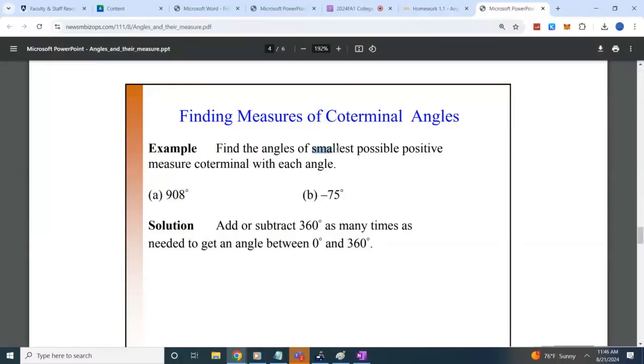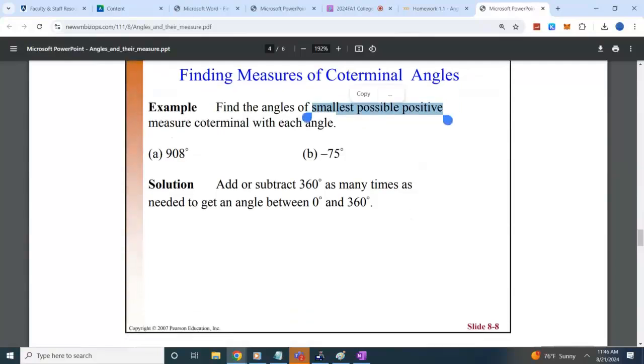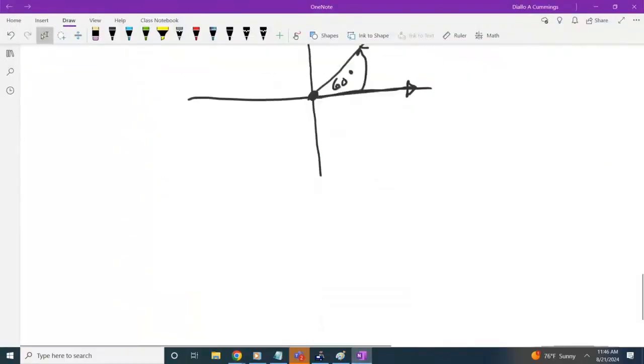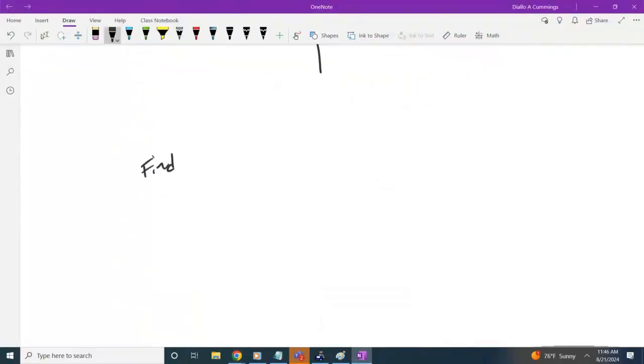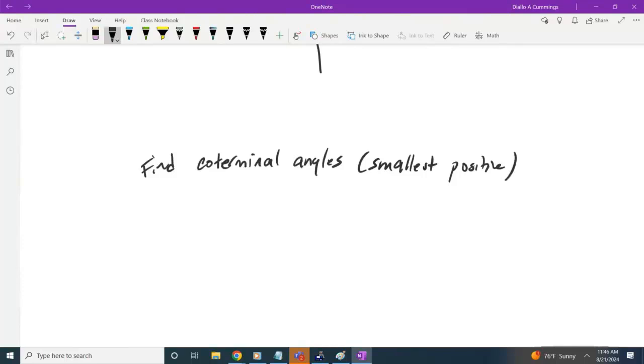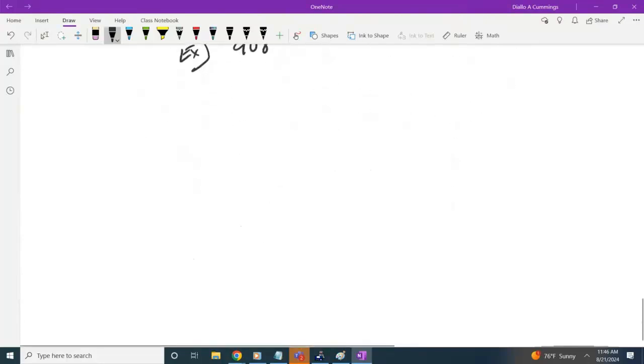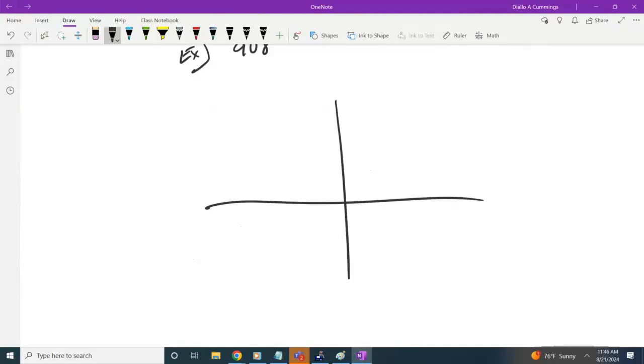So we want to find the smallest possible positive angle. So I have a 908 degree angle.